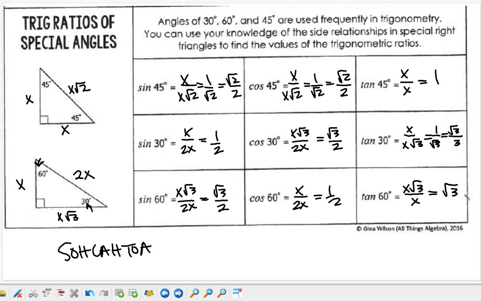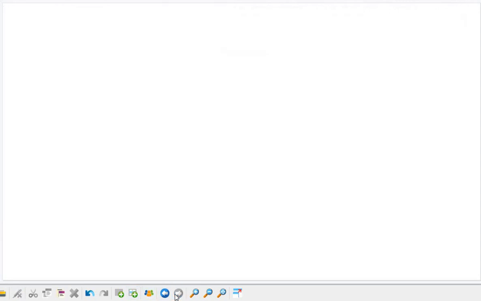Okay, so for homework, I want you to look on page 2. It says homework 1 at the top.